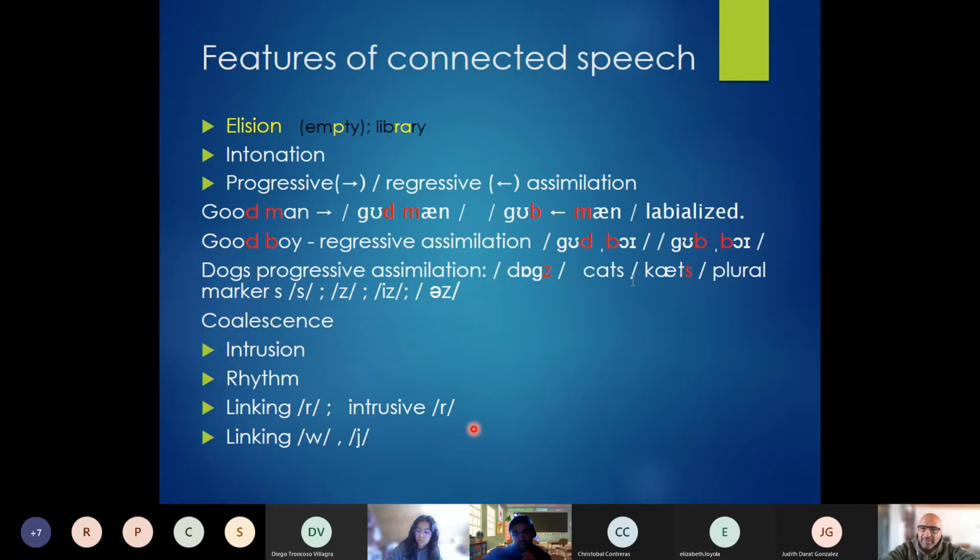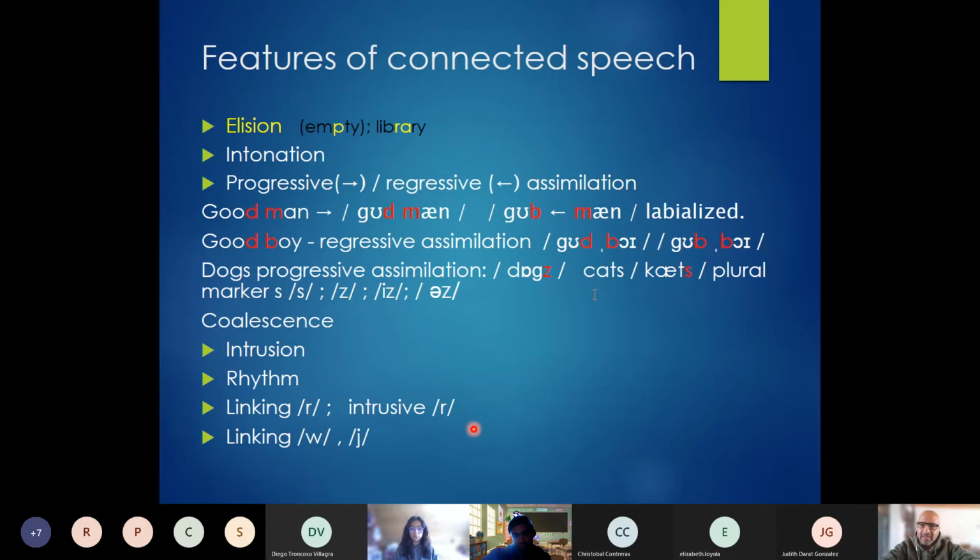So even though both of them are plural nouns, this plural marker, in terms of the sound, in terms of the phoneme, they are different. In the first case, it has to be voiced, and in the second case, it has to be voiceless, considering the influence of the previous sound.